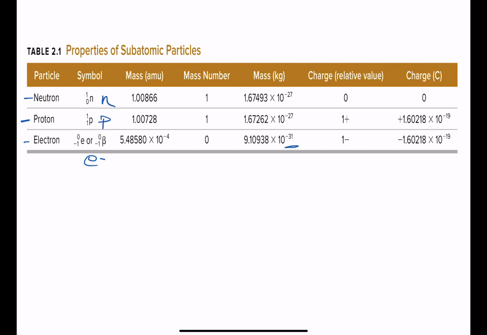Electrons, since they are orders of magnitude smaller than protons or neutrons, are given a mass number of 0. The charge on an electron is -1. The charge on a proton is +1. And there is no charge on a neutron. We note this fundamental charge is very similar to what was first discovered by Millikan, -1.602 times 10 to the -19th coulombs.